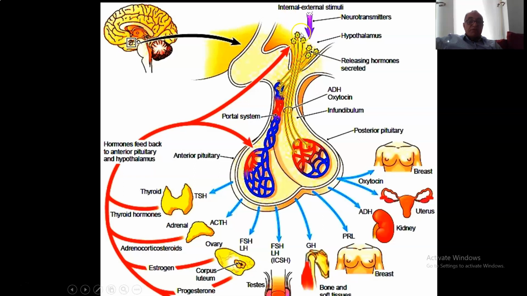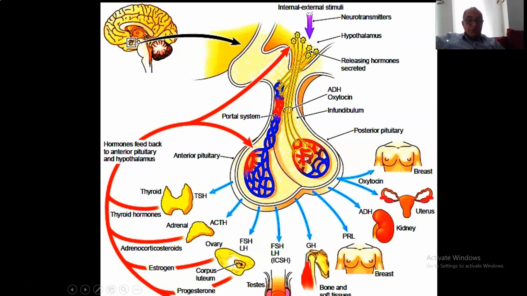This is the function the hypothalamus is doing in relation to the pituitary gland. So these are the large cells, the magnocellular cells present in the supraoptic and the paraventricular nuclei and the arcuate nucleus, releasing oxytocin and vasopressin or antidiuretic hormone.